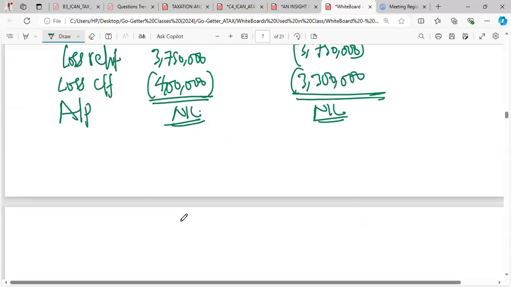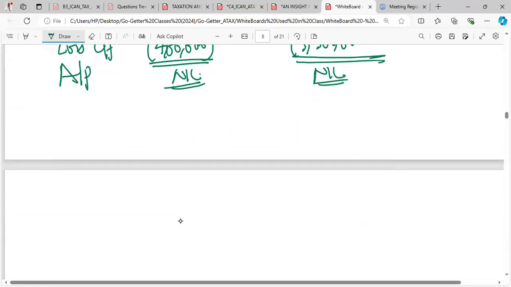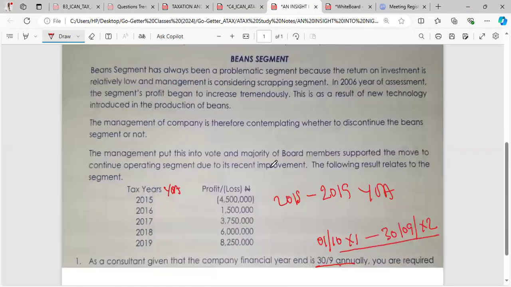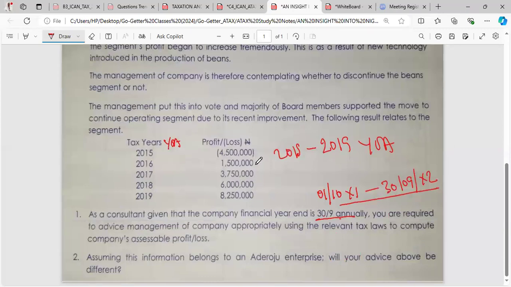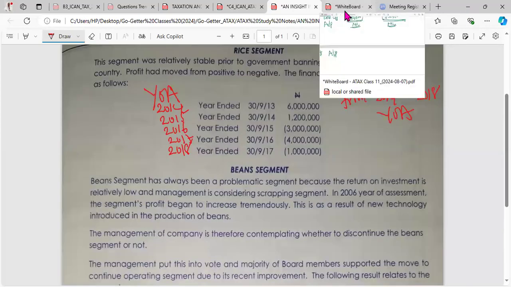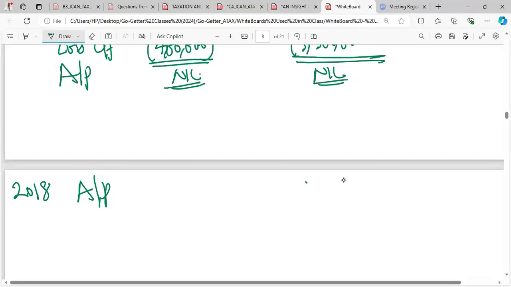Then we go to 2018. We also know we had a profit in beans. Beans is 6 million. Rice is dash.